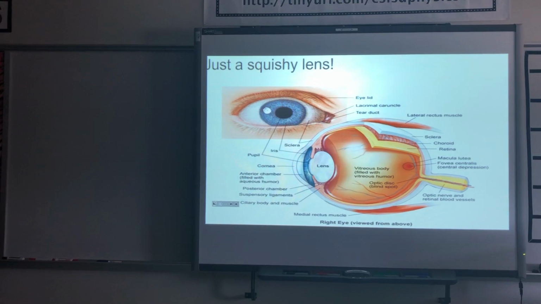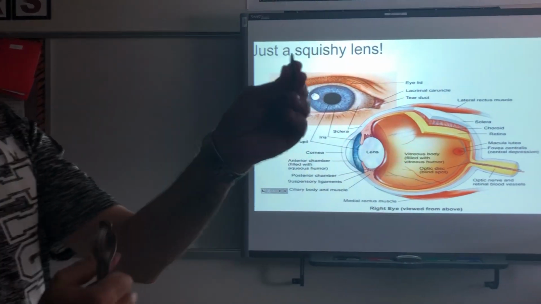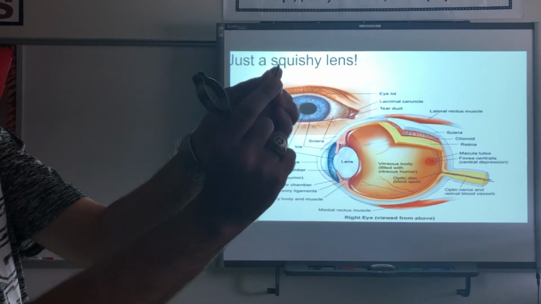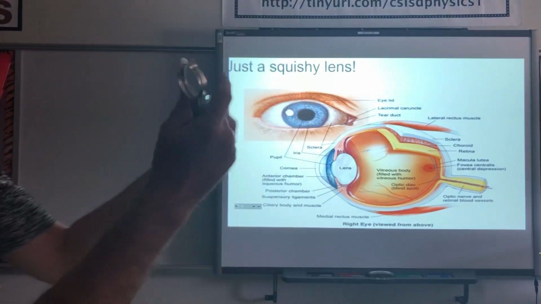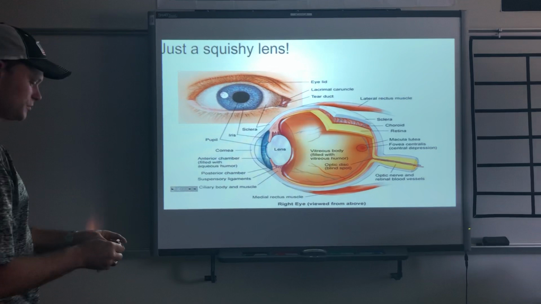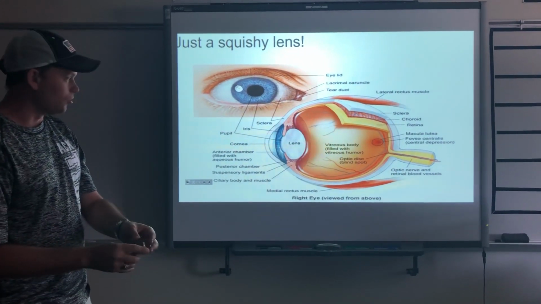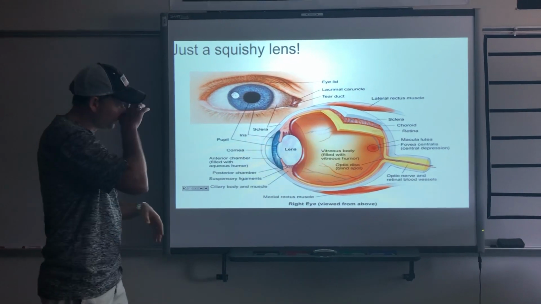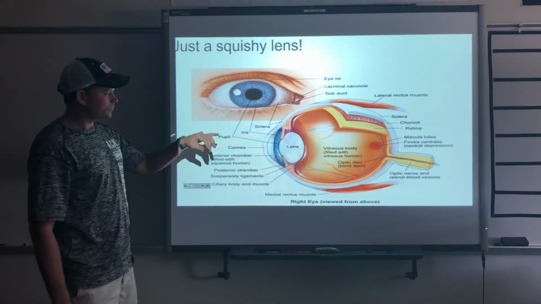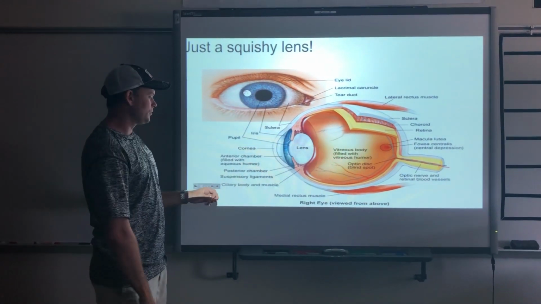Whereas my lens was the same focal length the whole time, the lens in your eye will change, so it'll bulge out the center more or spread it out more depending on how far away you're trying to focus on things. As you get older, your lens becomes less malleable, okay? And so vision issues tend to come into play as you get older.